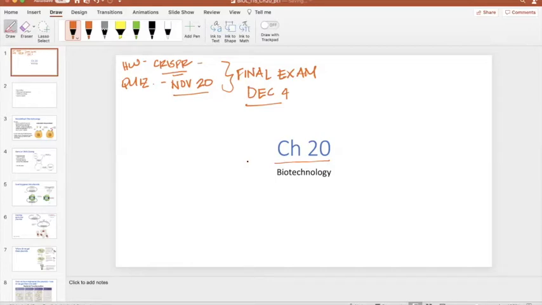The nice thing about Chapter 20 is it takes the theoretical information that we have gained over the last few chapters and shows you how we apply it today in a field called biotechnology. So how we use information about DNA replication, genetics, all that transcription, translation, all that good stuff. We're going to apply it now in this biotechnology chapter.